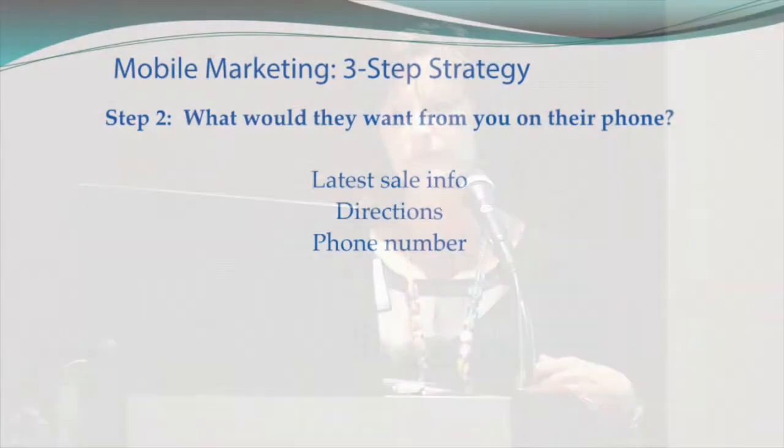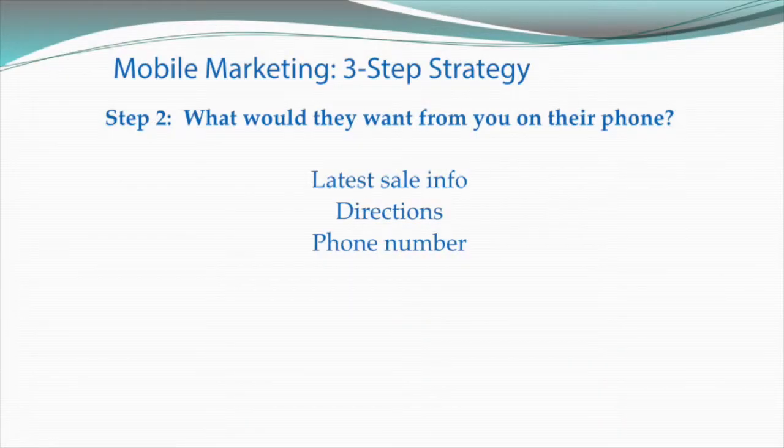You have fans that loyally shop at one boutique, but this lady and her friends are going to make a trip across town. They want directions to your other boutique location. They definitely want your phone number in an easy, accessible way if you're a tow truck service or a locksmith. Phone number, easily accessible on a mobile device, is critical.